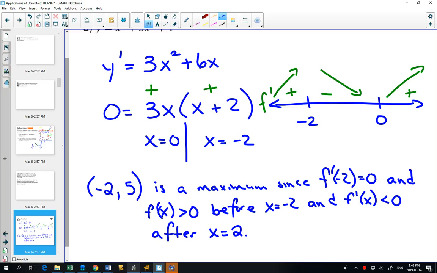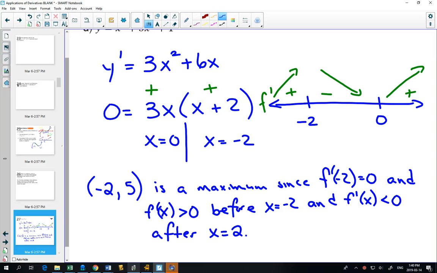So we have the two things for the first derivative test. We show that the derivative is equal to 0 at that point, and we show that the derivative changes from negative to positive or positive to negative.